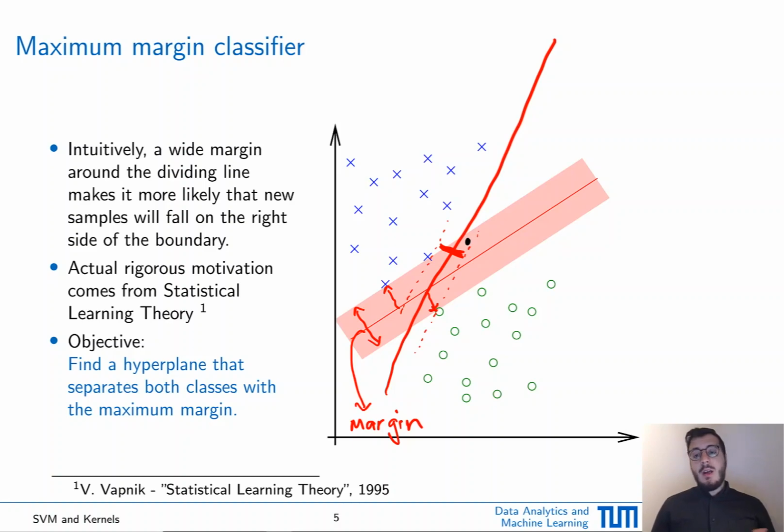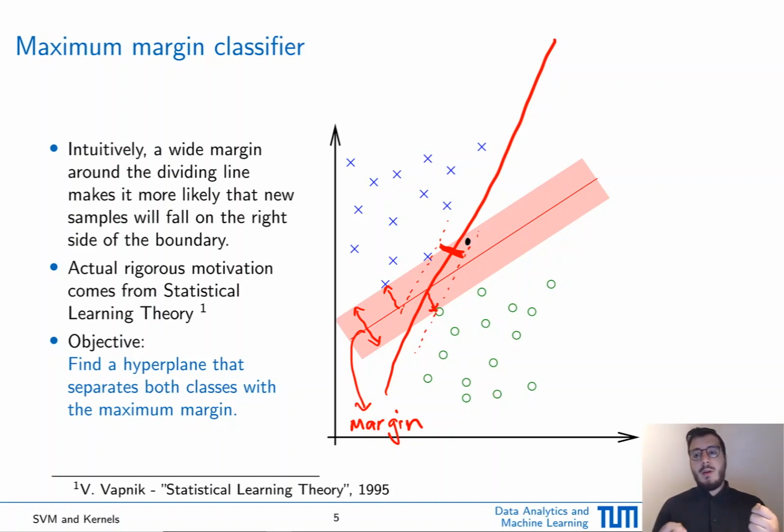And this intuition can even be made more rigorous, based on some results from statistical learning theory from 1995. Basically, the idea is that classifiers which have large margin can be shown, with high probability, to lead to low generalization error, which means a small number of misclassifications on future data.